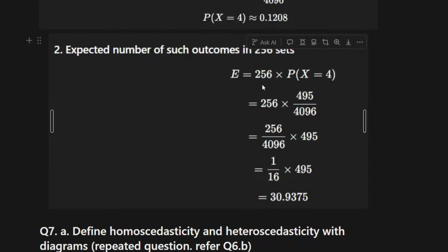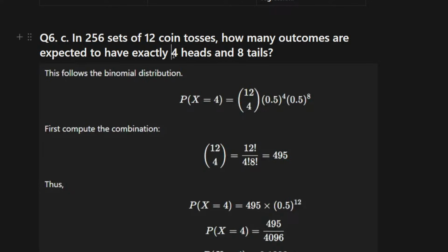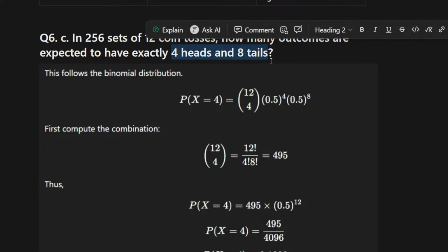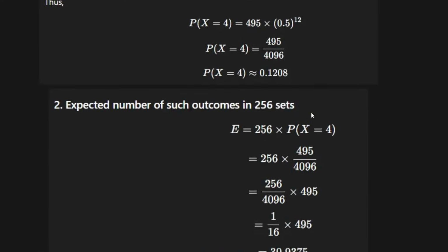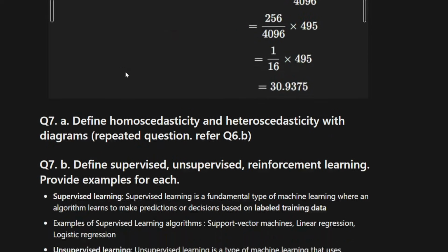Multiplying 256 into 0.1208 will basically give you 30.9375. This means that roughly 31 times in 256 sets, this situation is possible. You can get 4 heads and 8 tails roughly 30 times out of 256 trials. That's the expected number. That's it.